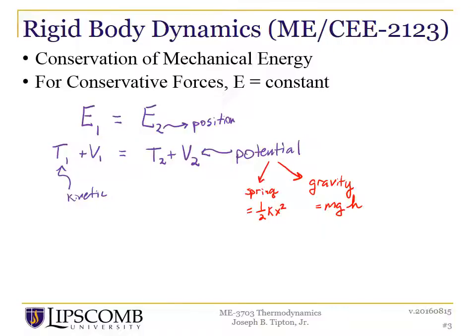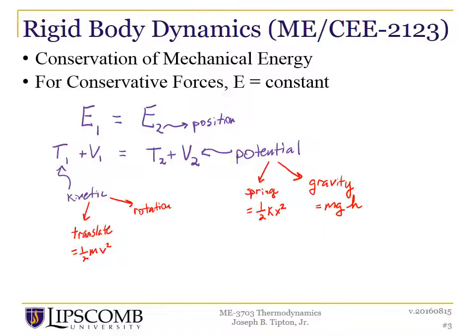And in terms of kinetic energies, we saw in the dynamics course two components. Since it's a rigid body, that body could translate, and that would take the form of 1/2 mass times the speed squared. The body, since it's a rigid body, could also rotate about some point of rotation.